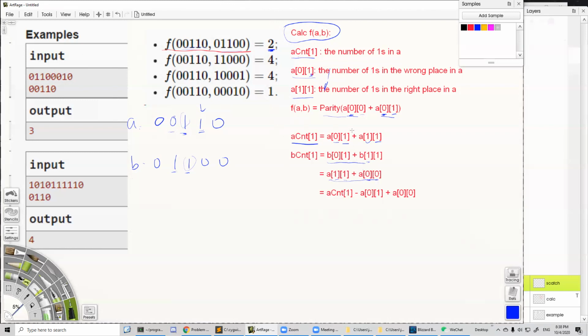And we can transform this formula a little bit. We can put, let's see, we can put this guy at the left side and replace A11.